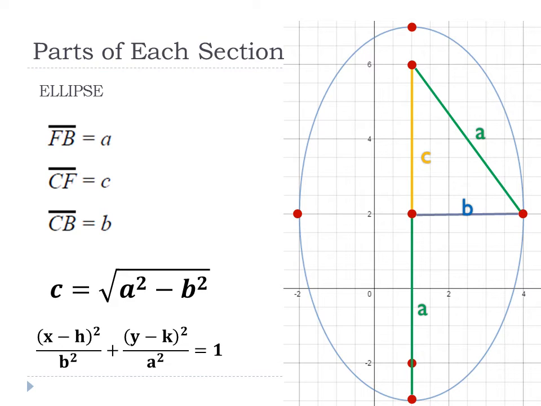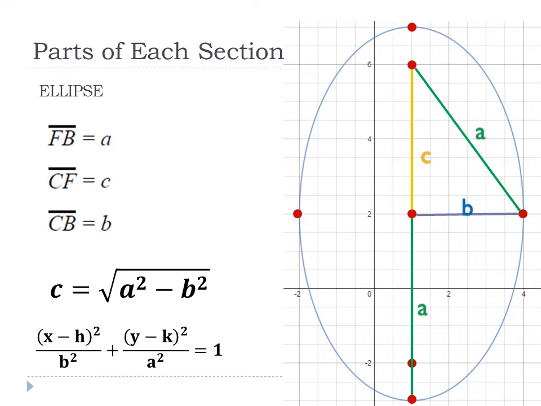Now let's look into a vertical. It's the same thing. As you can see, the distances are the same, okay? A is still the distance from the focal point to the covertex. C is still the distance from the center to the focal point. And B is still the distance from the center to the covertex, okay?